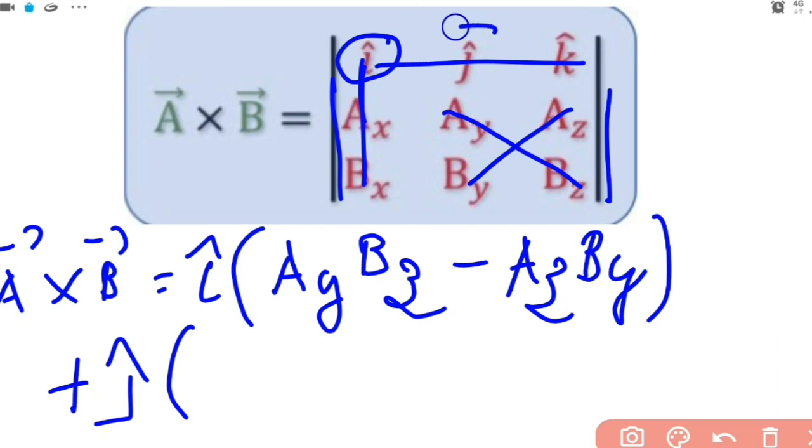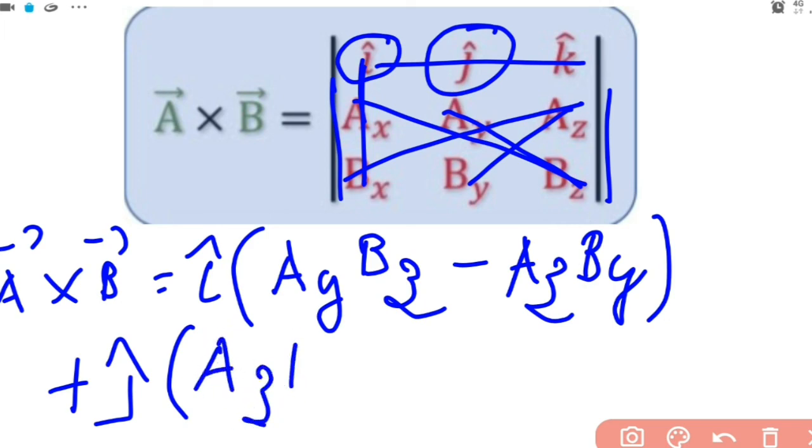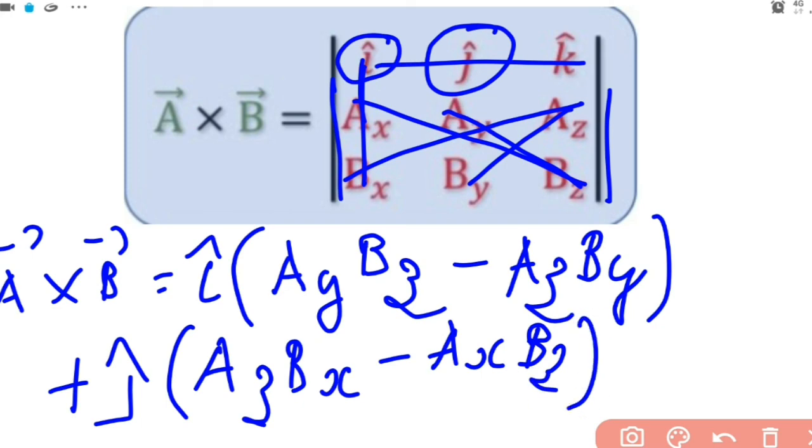Take the j term, leave that particular row and column. So you will have az, bz and here ax, bx. In the same way as we took diagonally, here you will have az bx minus ax bz. That is the second term.